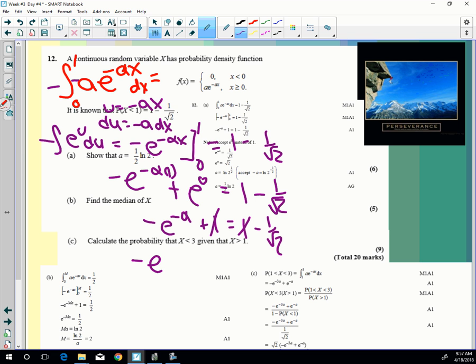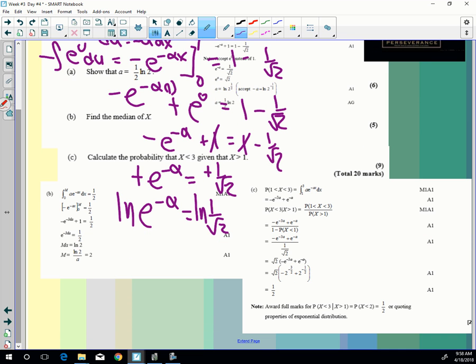And so you're going to get negative e to the negative alpha equal to negative 1 over the square root of 2. The negatives will cancel out. And now you have e to the negative alpha equals 1 over the square root of 2. What are we going to do to both sides? Take the ln of both sides. See what I mean? Lots of algebra. So this is going to be negative alpha equals the natural log of 1 over the square root of 2.